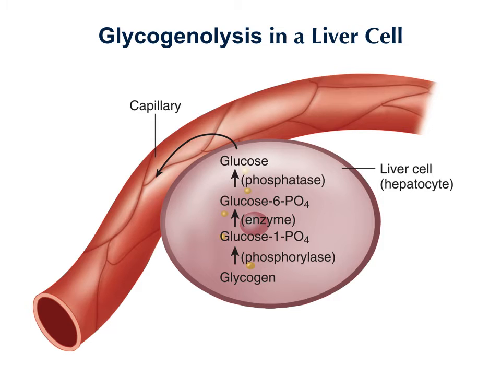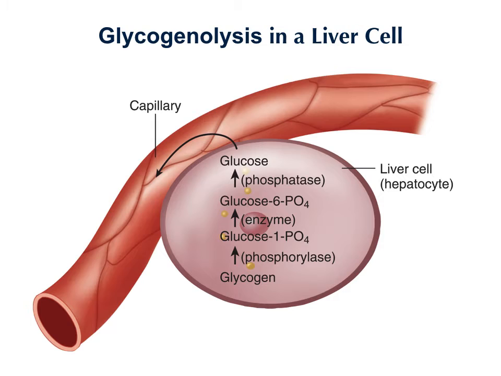Phosphoglucomutase then converts glucose 1-phosphate into glucose 6-phosphate, which then enters the glycolytic pathway that you are familiar with. Glycogenolysis takes place in the muscle and liver cells. Here we're looking at the liver cell in response to hormone and neural signals.